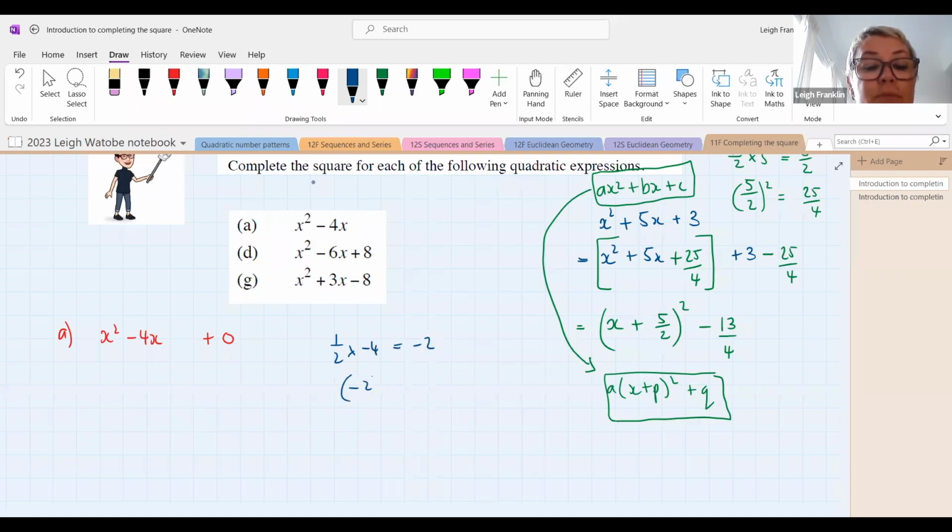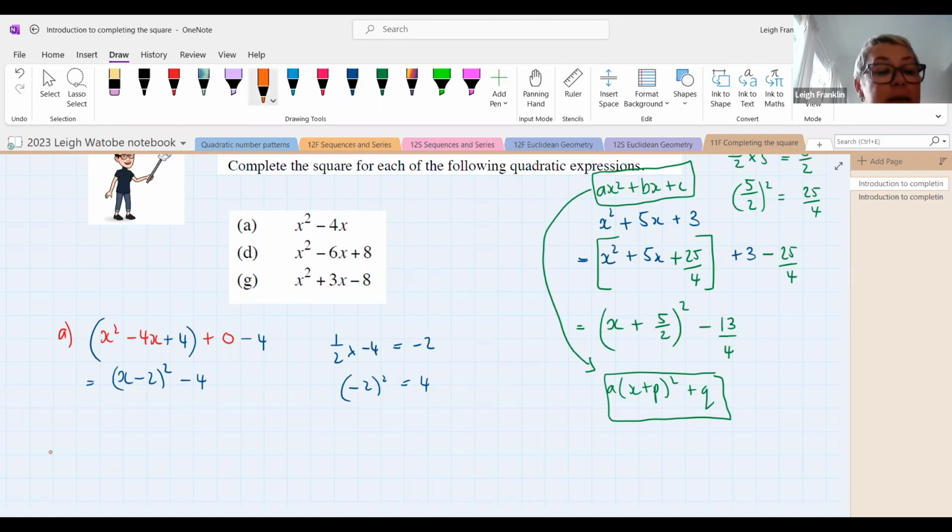I've got to take -2 and square it, and I'm going to get 4. So I'm going to plus 4 over here, and then I'm going to minus 4 on the end. This is going to become my perfect square trinomial. So I'm going to end up with x minus 2 squared, and then at the end I have minus 4.